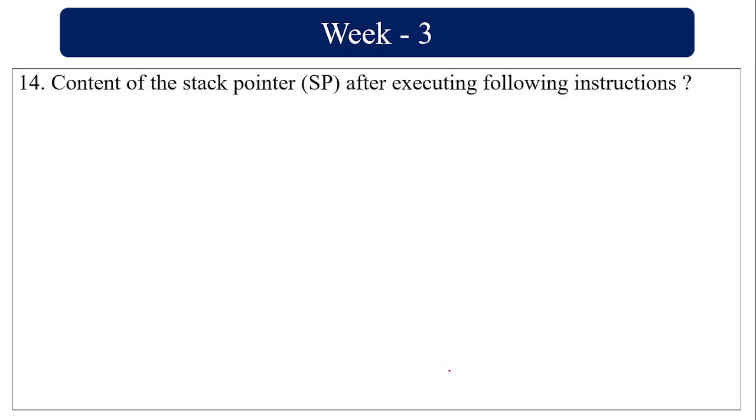Content of the stack pointer after executing the following instructions they have given. Normally, push operations can be performed like this. First the stack pointer is decremented by 1, then the content of your B register will be pushed. Again it will be decremented by 1 and the content of your C register will be pushed.